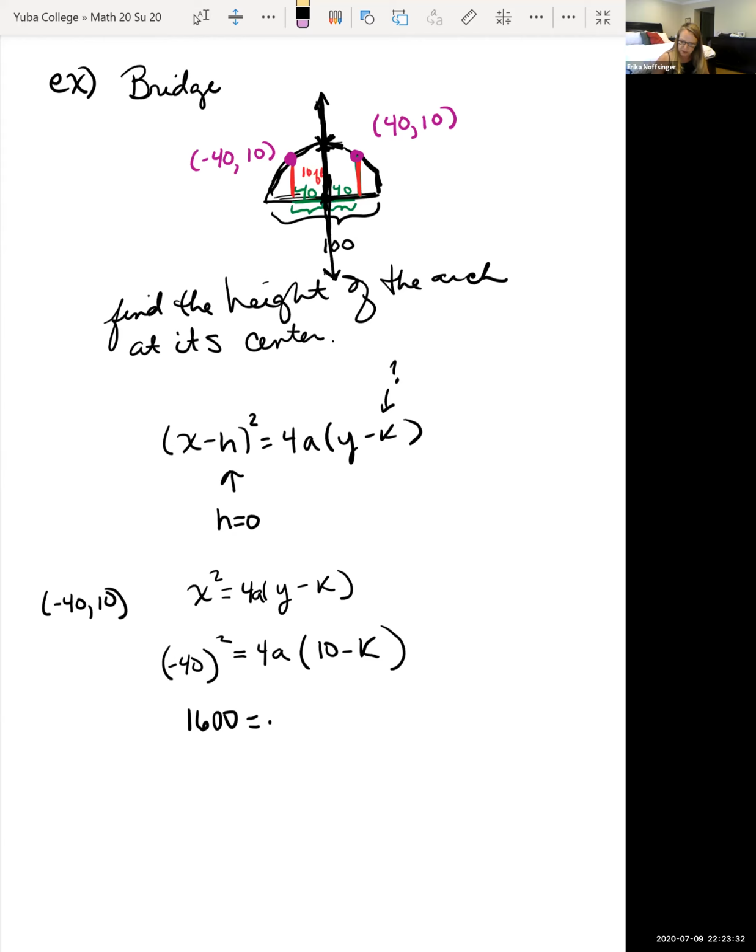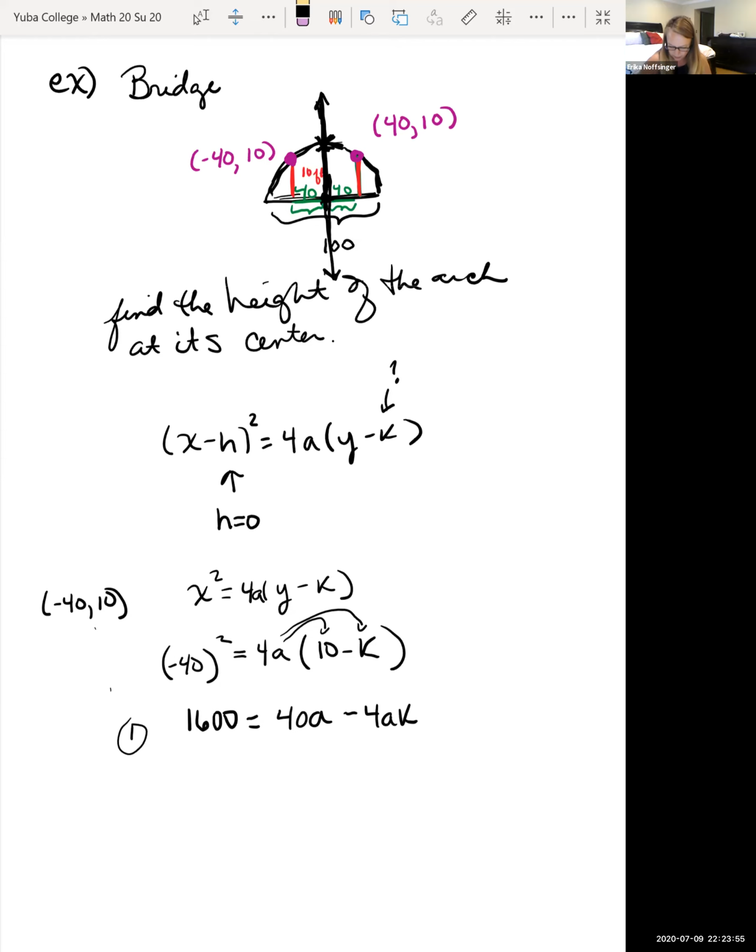Let's just distribute this 4a. So doing that, I get 40a minus 4ak. Okay, so here's one equation based off of this point.